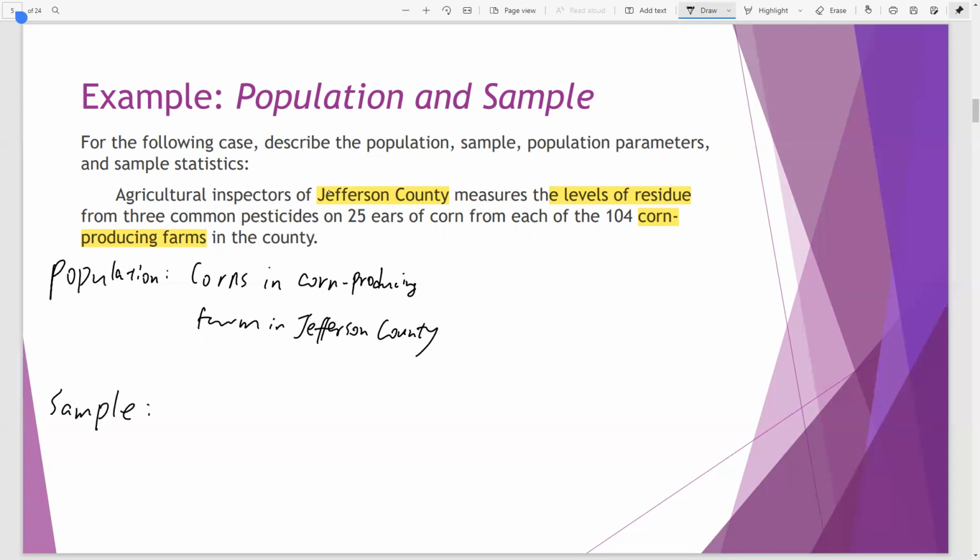All the corn in corn producing farms in Jefferson County is what they are supposed to test, but it's hard to do.